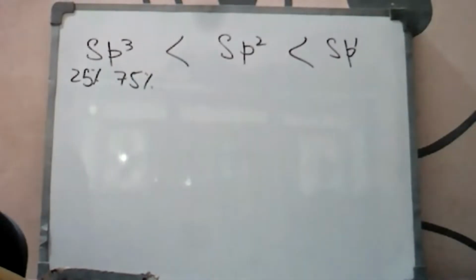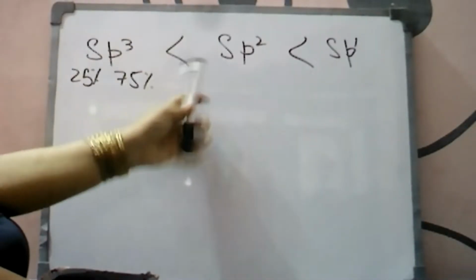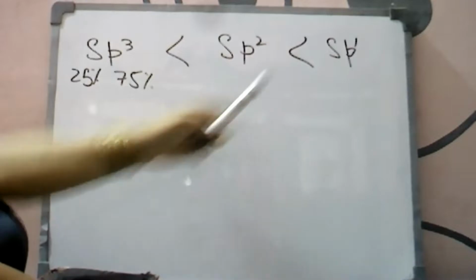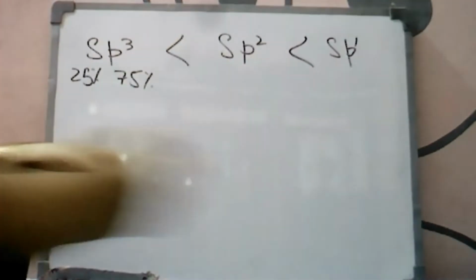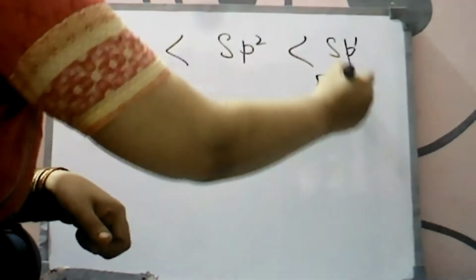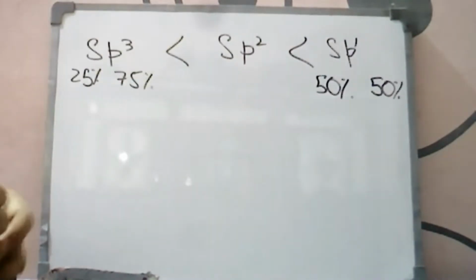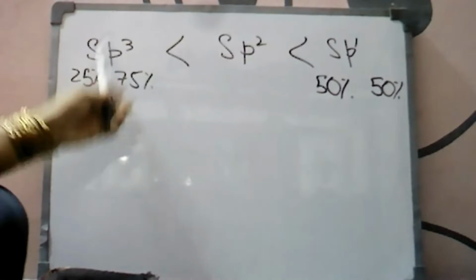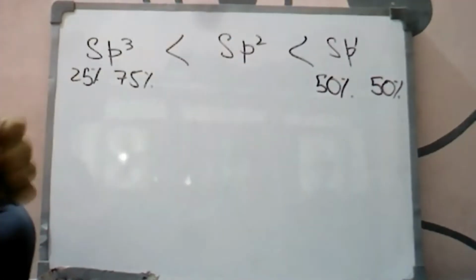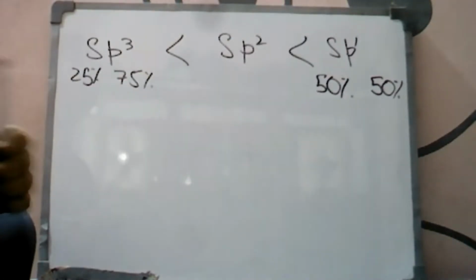In sp2, the S character has increased. In sp1, the S character has increased more. 50% S character is present and 50% P character is present. So from sp3 to sp1, the percentage of S orbital is increasing.